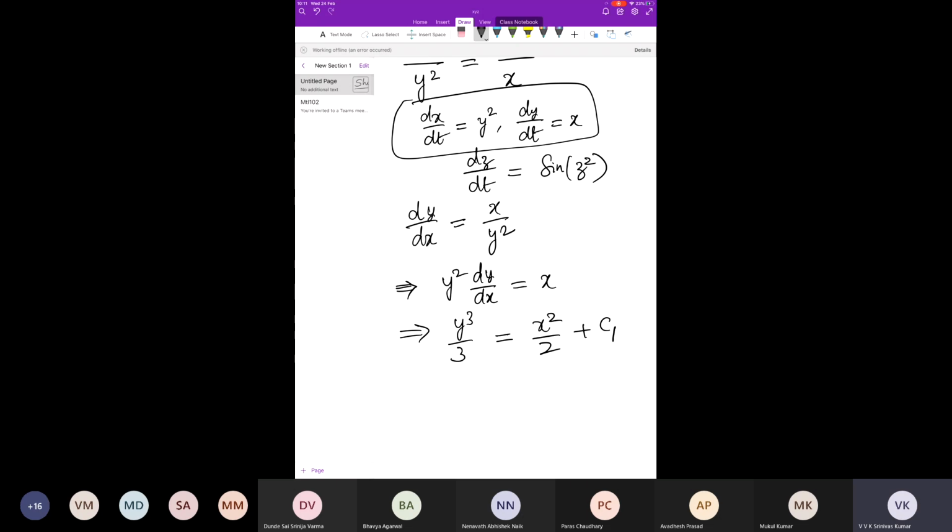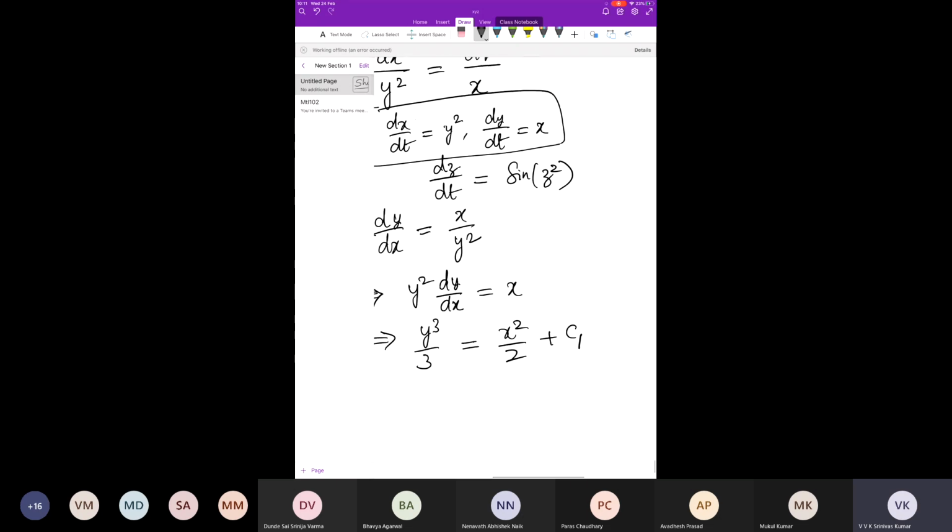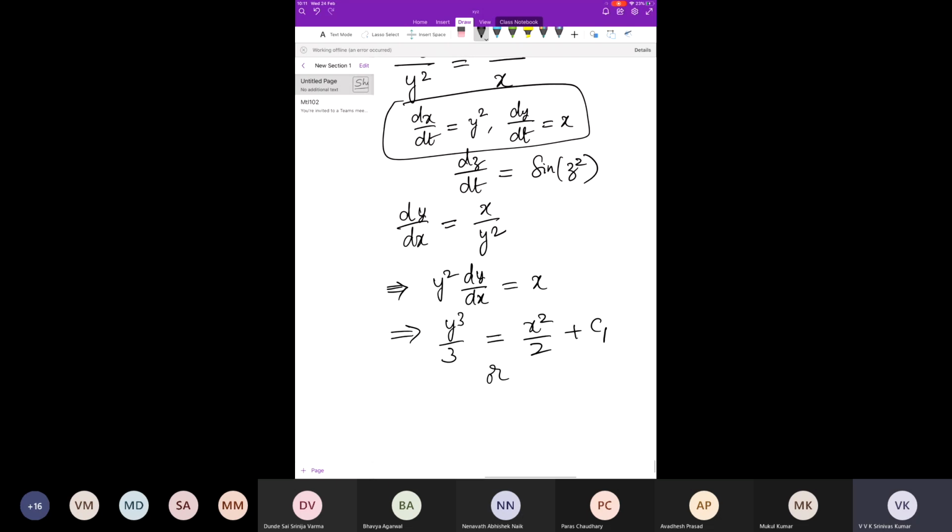You can also write x squared by 2 minus y cubed by 3 is equal to c.